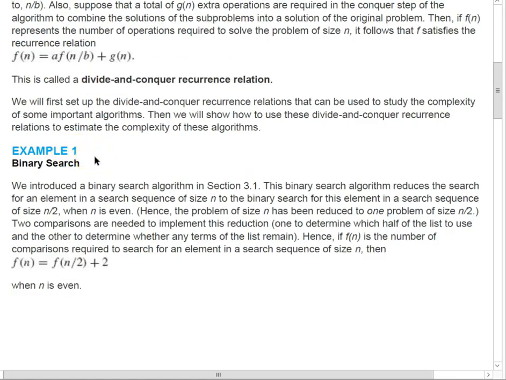Example 1, binary search. We covered the binary search algorithm in the study guide of test 2.